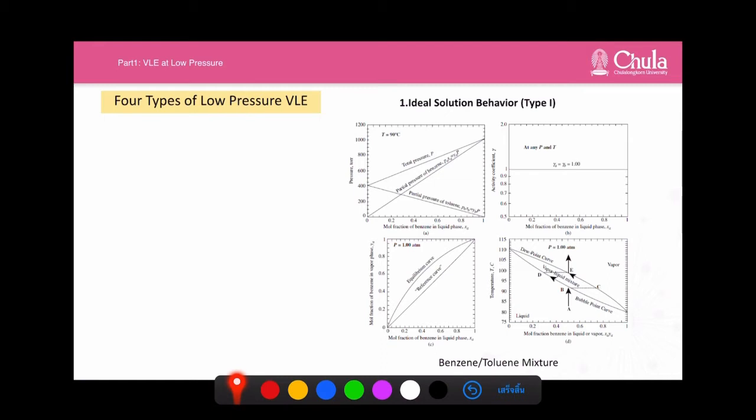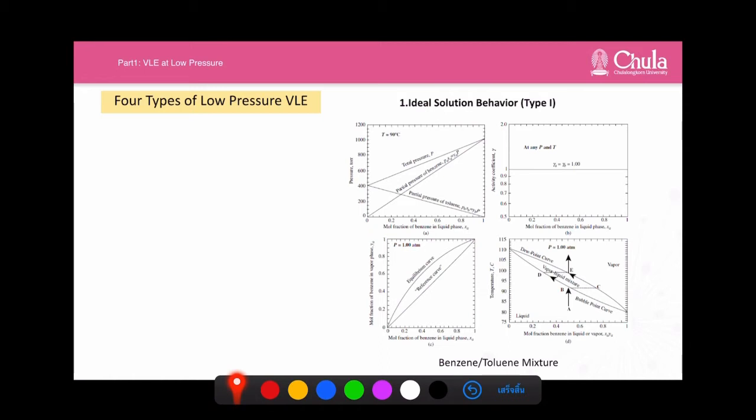So for type 1, the activity coefficient becomes 1 for the whole range of mole fraction. So the behavior of A and B is similar to the behavior of pure A and pure B.